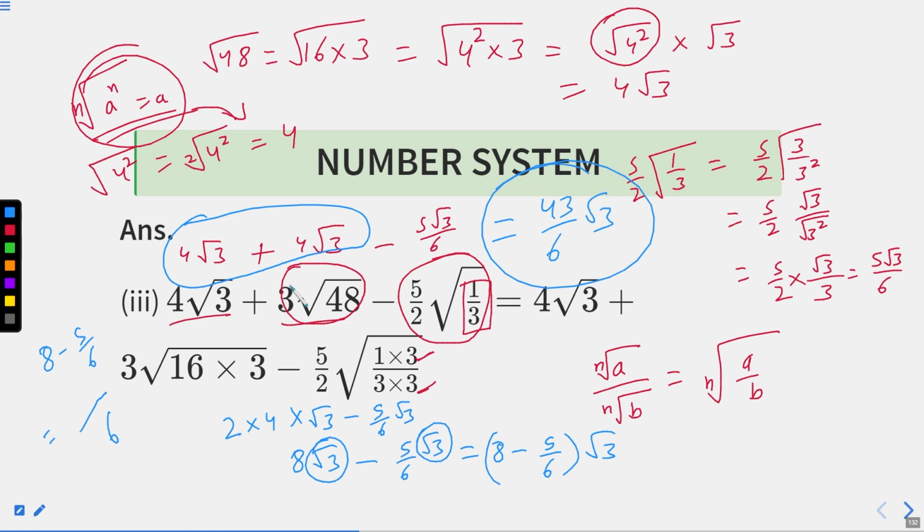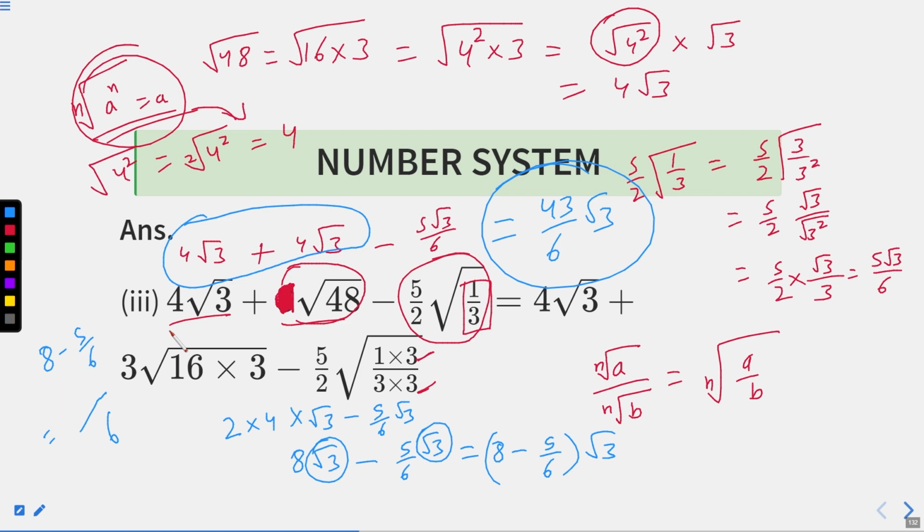So here I skipped this 3, sorry for that. Please do a correction in the question.